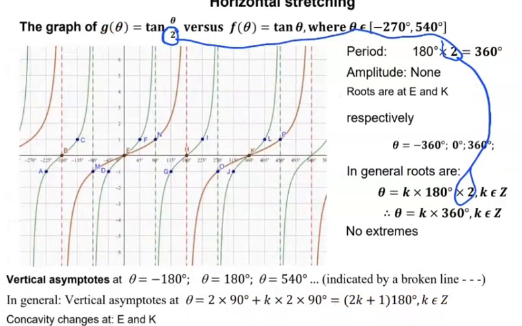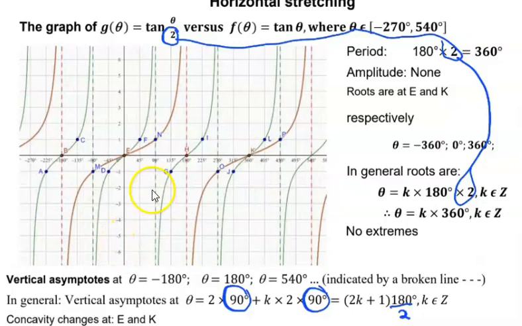To finalize the vertical asymptotes, I see there's a typing error here, and we should have this 180 divided by 2, because we take out 90 degrees both times. And so the final answer will be then 2k plus 1 times 90 degrees.